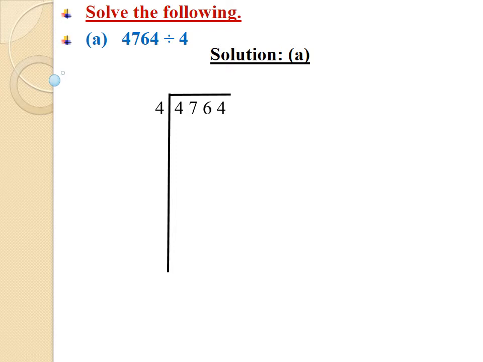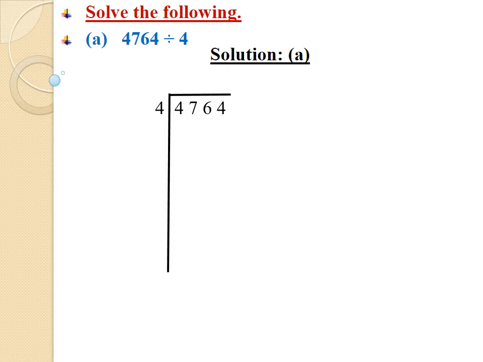Students, we know that in division, we have to start dividing from left to right. That is, division is carried out from left to right. Students, on left hand side, 4 is given and 4 is equals to 4. That is, dividend is equal to divisor.